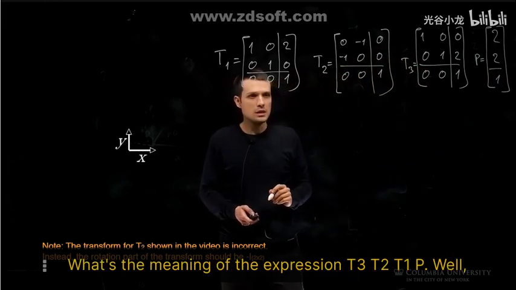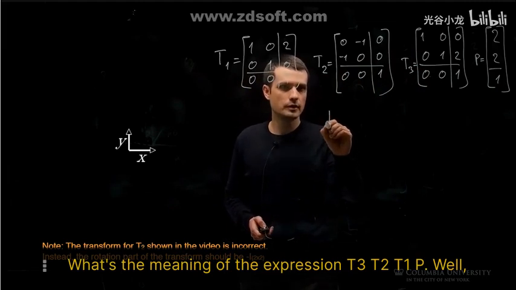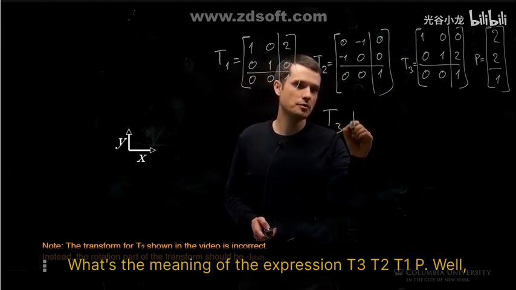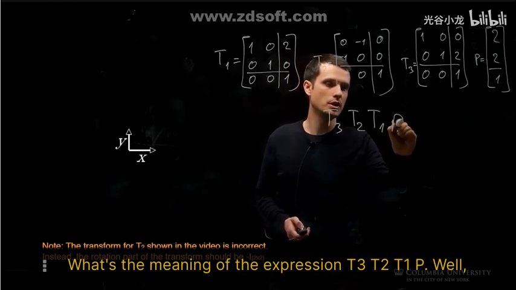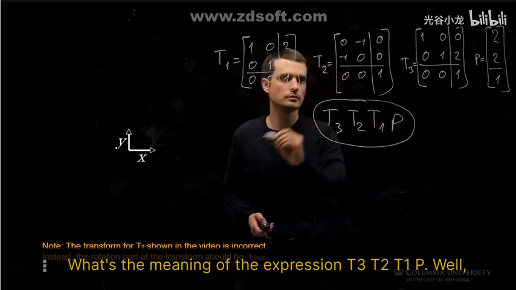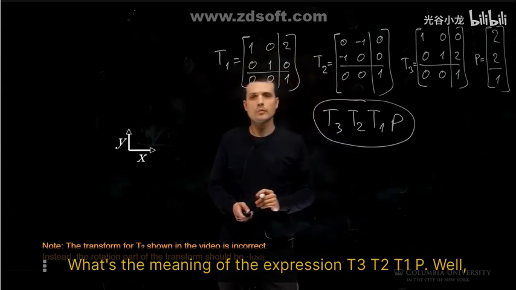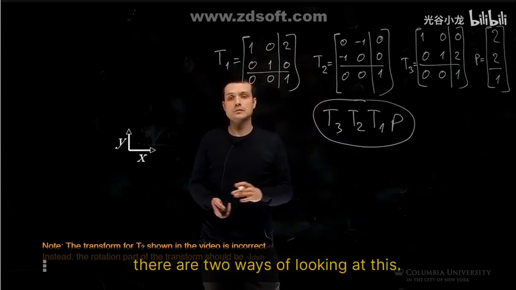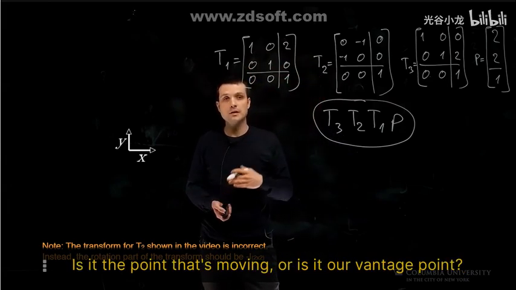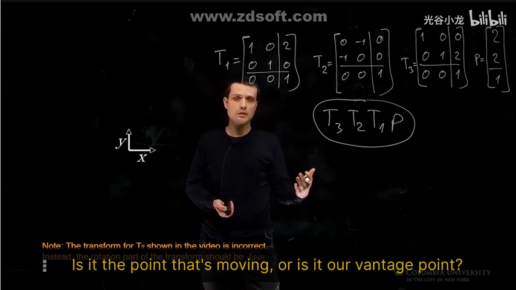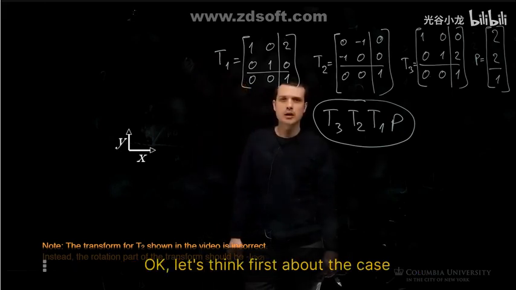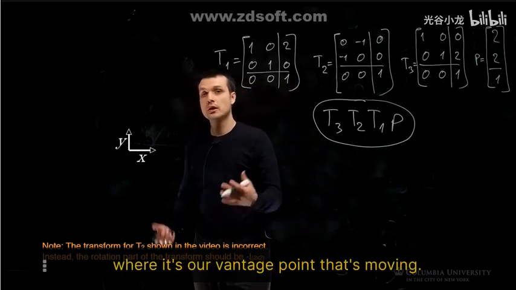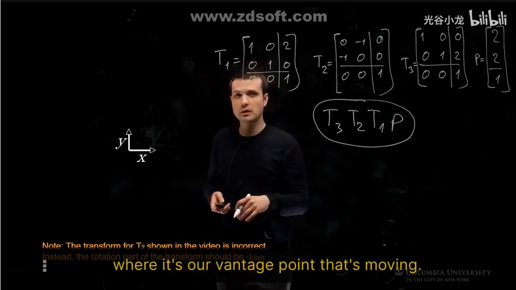What's the meaning of the expression T3, T2, T1, P? Well, there are two ways of looking at this. Is it the point that's moving, or is it our vantage point? Okay, let's think first about the case where it's our vantage point that's moving.